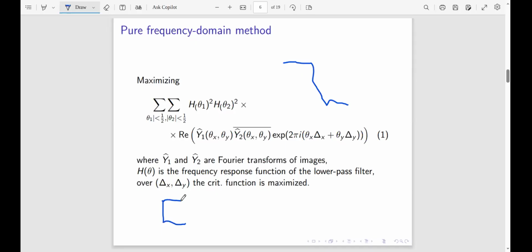We have two images, and delta x, delta y are shifts on the x coordinate and y coordinate.